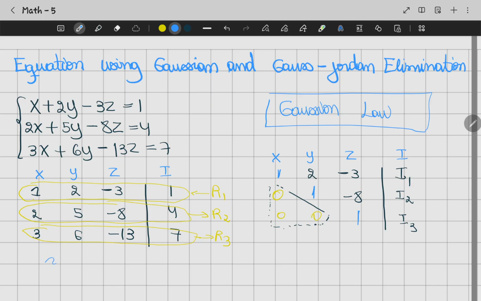So we can either go with R1 and add or subtract R2. We can only work with 2 at the same time. Maybe R1 and R3, or R2 and R3.